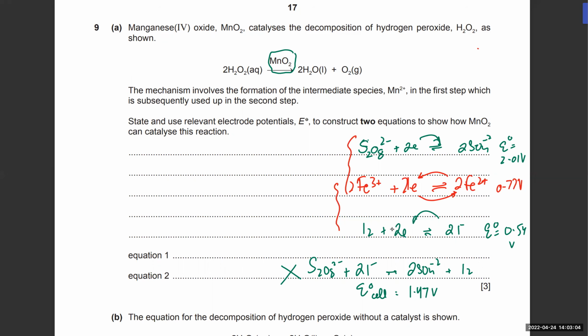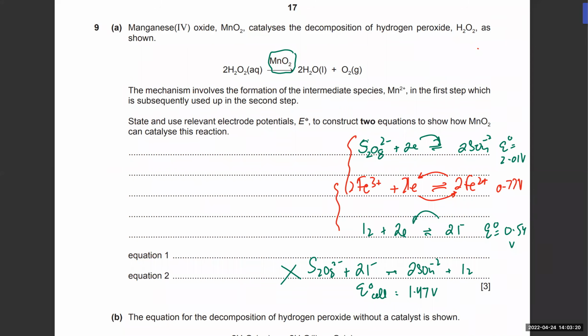We're going to use the same exact analogy for this reaction. That's the overall equation. So they've added MnO2 as the catalyst, and the mechanism involves the formation of the species Mn2+ in the first step.